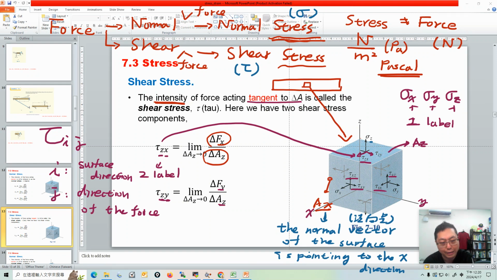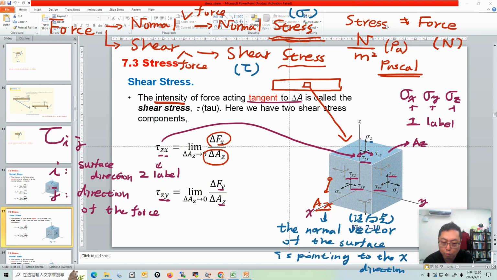It's just like an intensity, a force divided by area. Since it's force divided by area, the unit of stress is Newton divided by meter square, in SI units. We love the MKS system, right?